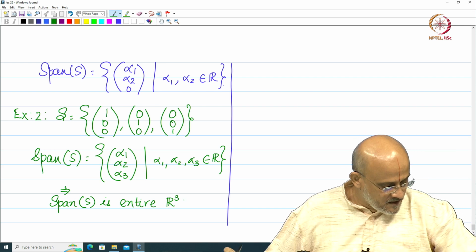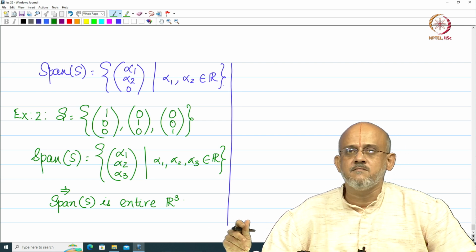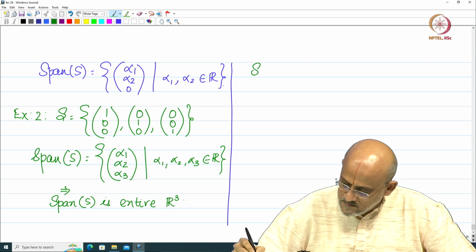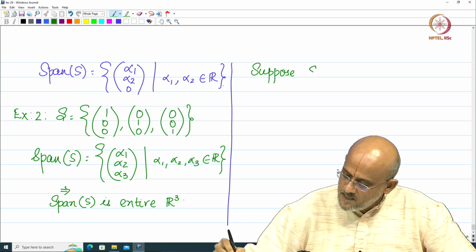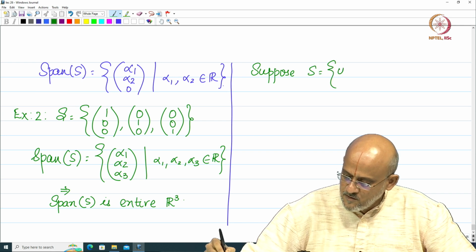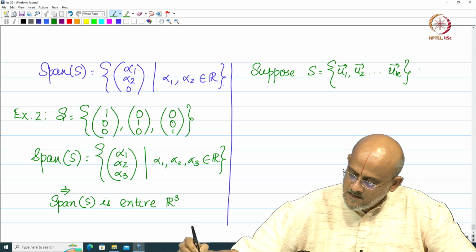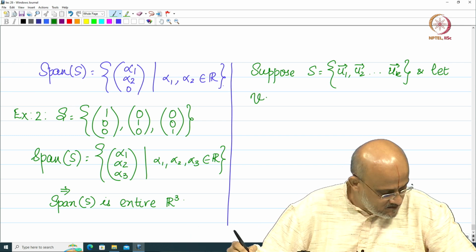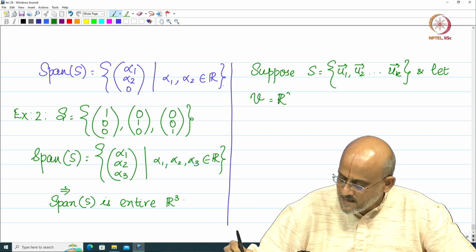Right. So, now let us extend this idea to, let us say, n component vectors in n dimensions. Suppose the set S is equal to u1, u2, etc., uk, and let V be equal to Rn.